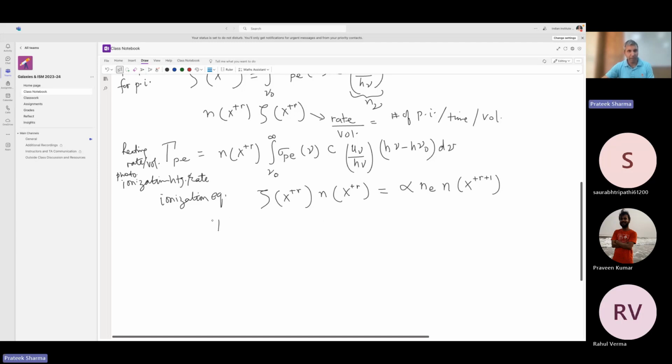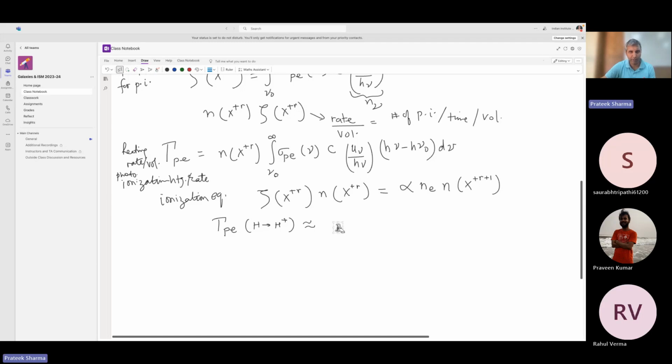This gamma PE, the photoelectric heating rate or the photoionization heating rate, say from H to H plus by photoionizing hydrogen, is about alpha B, case B recombination, right? Just a second.